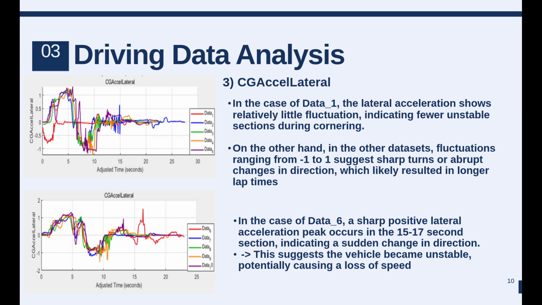This instability likely led to longer lap times. Notably, in data 6, a sharp positive lateral acceleration peak occurred during the 15 to 17 second section. This indicated a sudden change in direction, causing vehicle instability and resulting in speed loss.